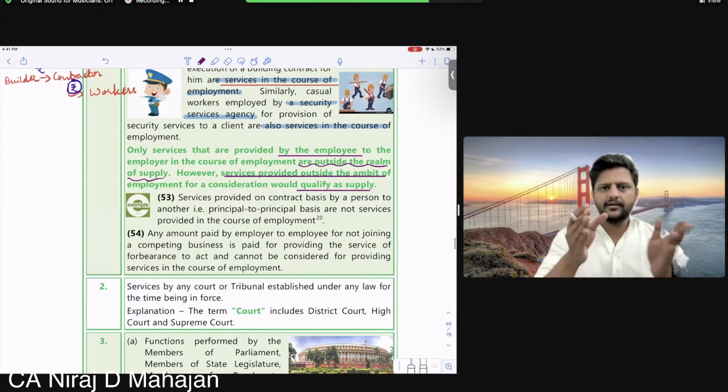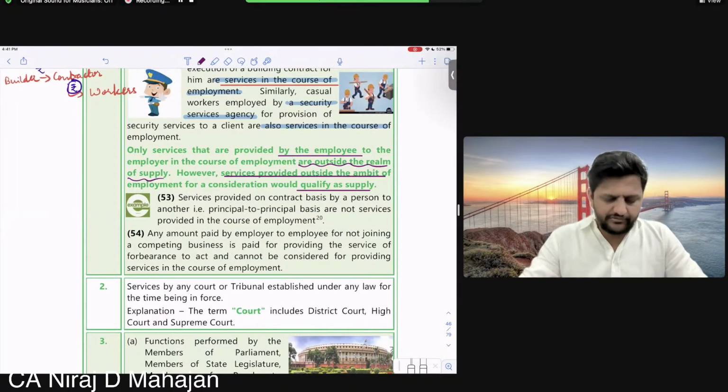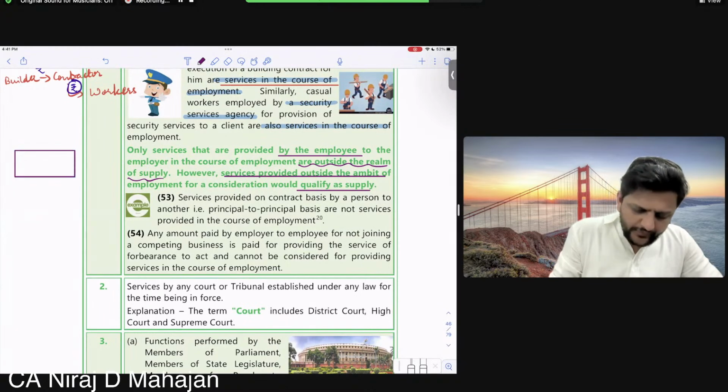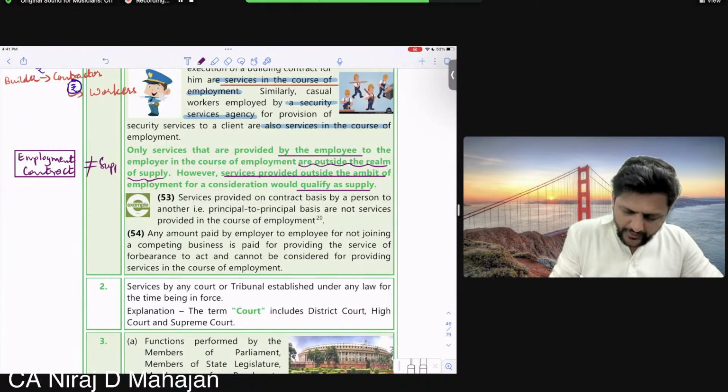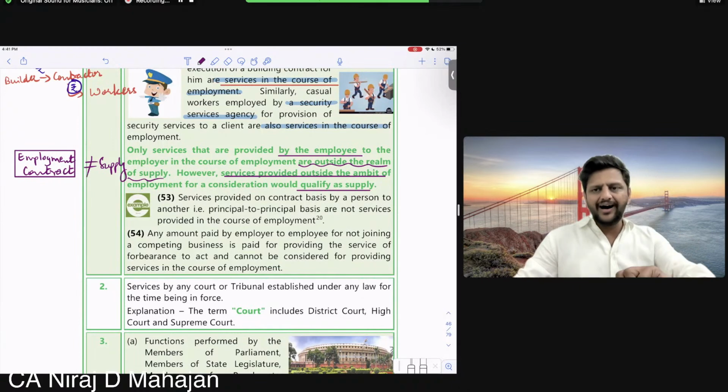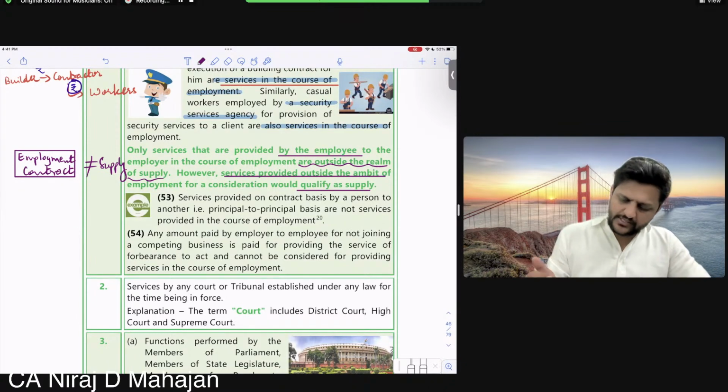Can I say they are in a way mutually exclusive? Whatever is part of the employment contract is not a supply. As soon as you do something for the employer outside the employment contract, it will be part of supply. Understood?